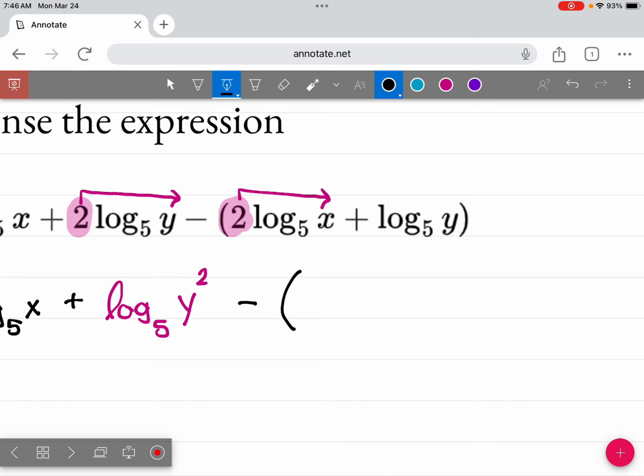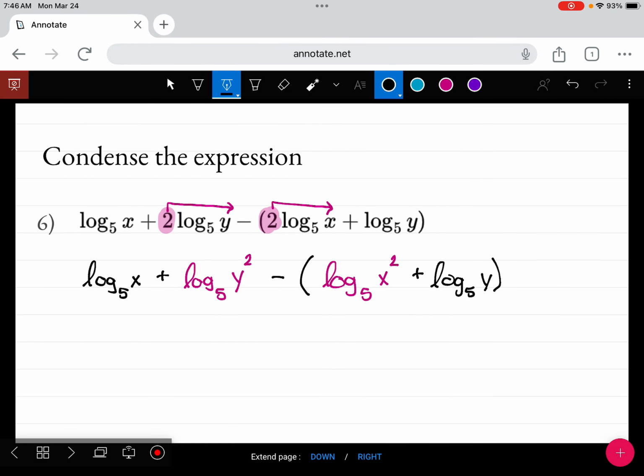It's just grouping together. Our log base 5 of x squared plus our log base 5 of y. So we took our coefficients up and made them powers.